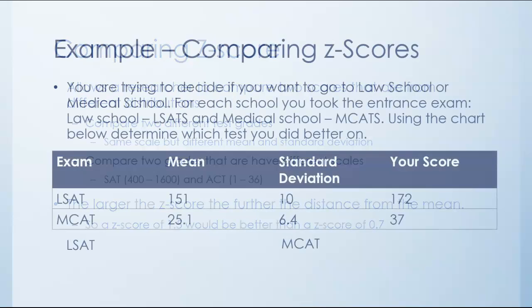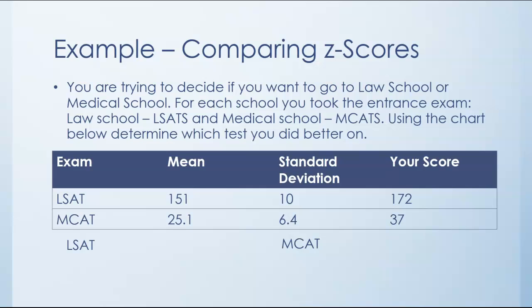Let's look at an example. We're trying to decide if we want to go to law school or medical school. We took the entrance exam for both, the LSAT for law school and the MCAT for med school, and we want to use the z-scores to determine which test we did better on. The mean for the LSAT is 151, the standard deviation is 10, and our score was 172.